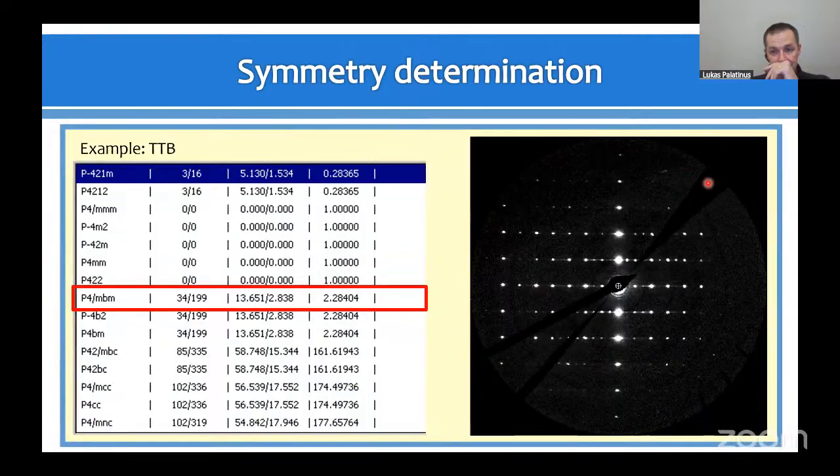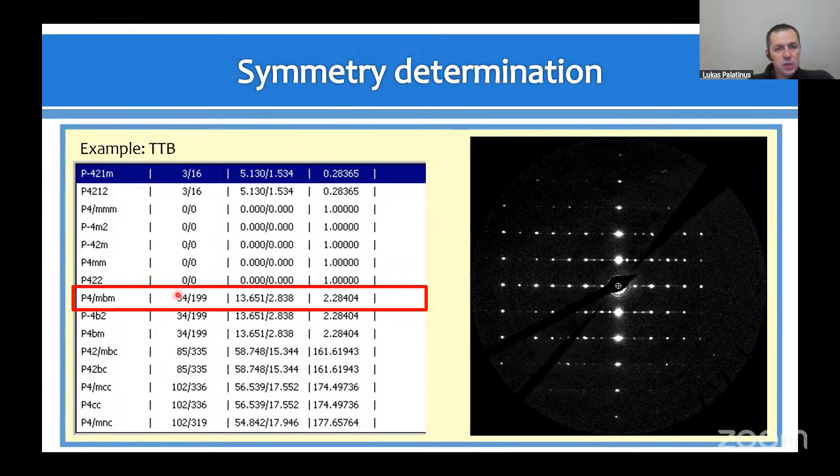Here, an example again. This is a tetragonal structure, and if you look at the statistics for various possible tetragonal space groups, there is a space group P4/mbm, which has, out of 200 possibly extinct reflections, 34 observed ones.